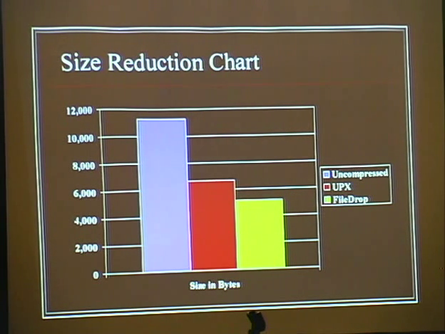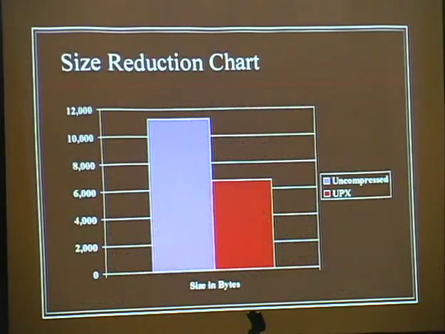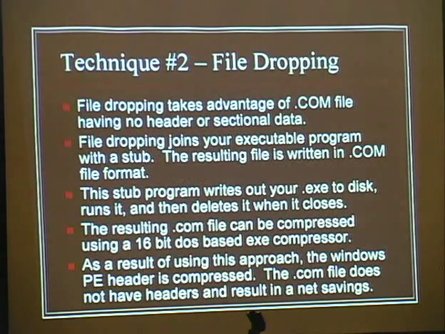What I mean is, what is the largest production that you can tack on to a stub and have it run as a COM file? Exactly. You've got your overhead for whatever your stub is, let's say 100 bytes or so, and then you've got 64K less that. That basically means the largest production you could support with this and then compress is 64K, because it shows up as a COM file.